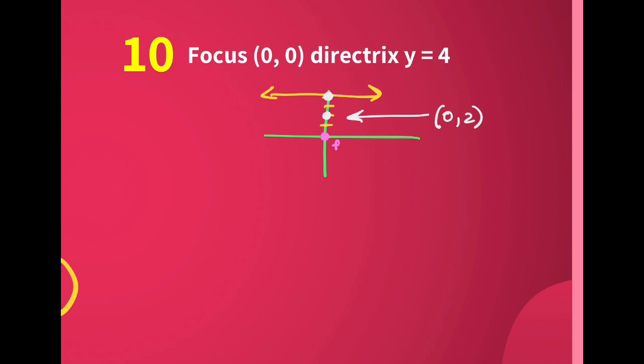And I know from here, I also know it points down because it goes away from the directrix and around the focus. So a downward facing parabola is an x squared and a negative 4p. The vertex is not at 0, 0, so it's x minus h squared equals negative 4p times y minus k.